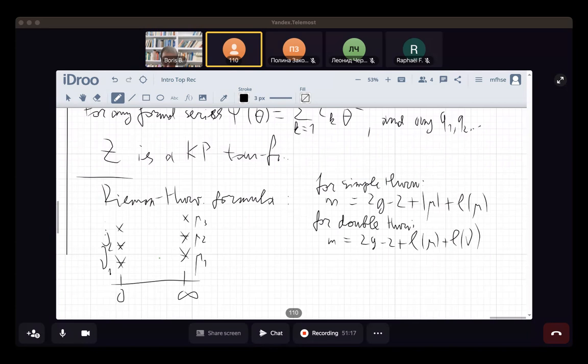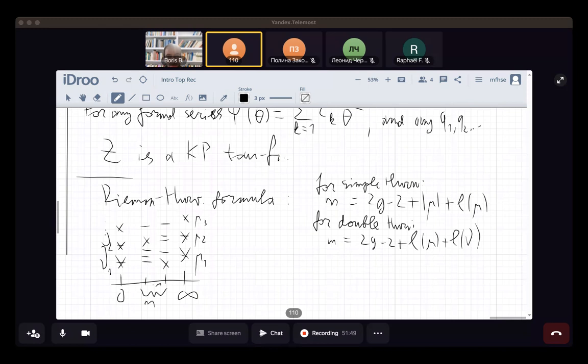And then I might have some number of simple ramification points, m simple ramification points. So the usual double Hurwitz numbers differ from the simple Hurwitz numbers in that you fix another point and fix the profile there as well.